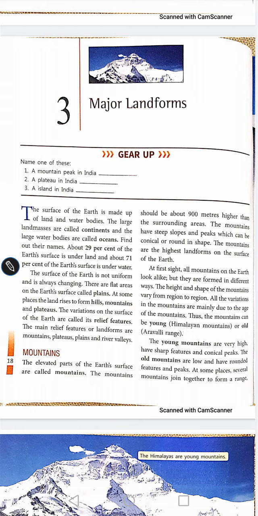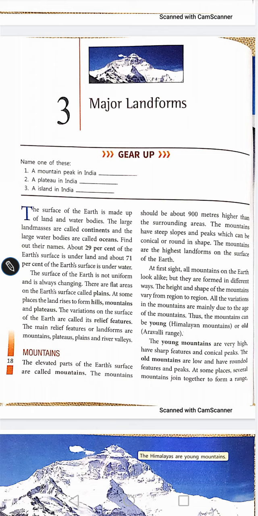At first sight, all mountains on the earth look alike, but they are formed in different ways. When we see any mountain, we just observe that it is made as it is, but it takes many years to form a mountain. The mountains are the highest landforms on the surface of the earth.